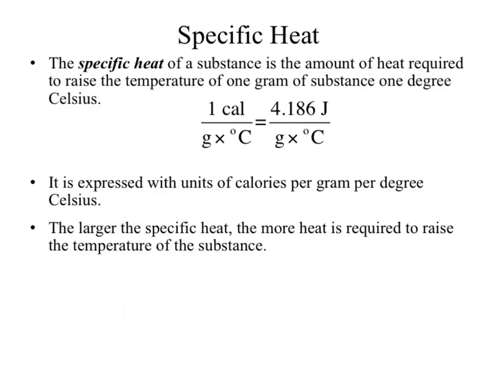What happens if we multiply both sides of this equation by grams? Anybody? 1 calorie. Grams cancel, right? What happens if I multiply both sides by degrees Celsius? Degrees Celsius cancels. What am I left with? 1 calorie equals 4.186 joules.